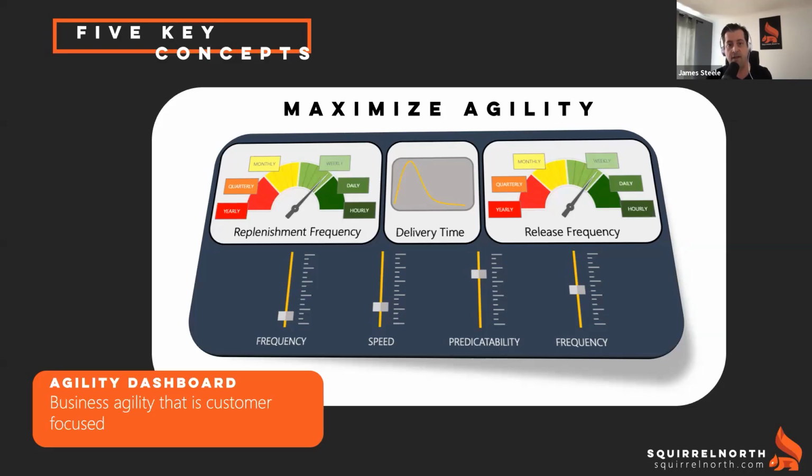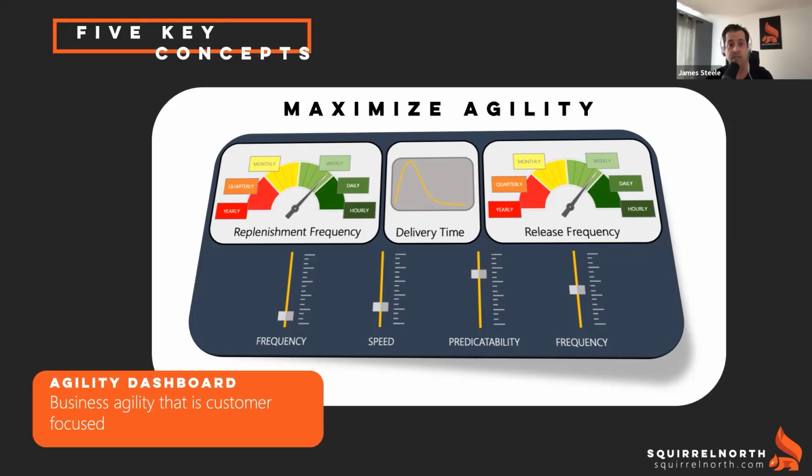So when we want to think about agility, we want to think about how customers view us. How agile are we? Well, we look at things customers care about. How frequently can we replenish our system? How often can we take on new work from customers? How fast are we? How predictable are we? How timely are we?